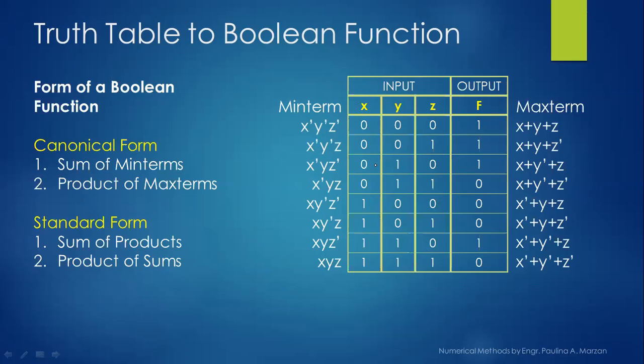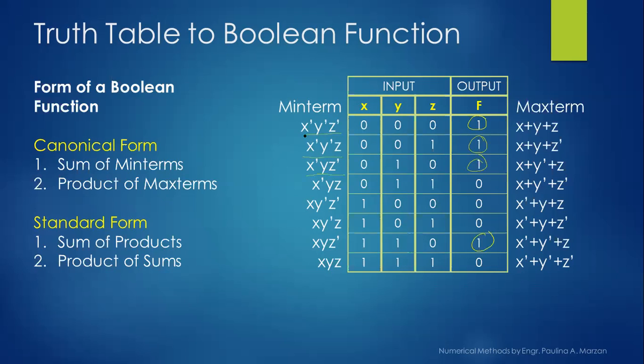So going back, we can express the function as either sum of min terms or product of max terms. So for the sum of min terms, take a look at these values with an output of 1. So these are the min terms representing it.